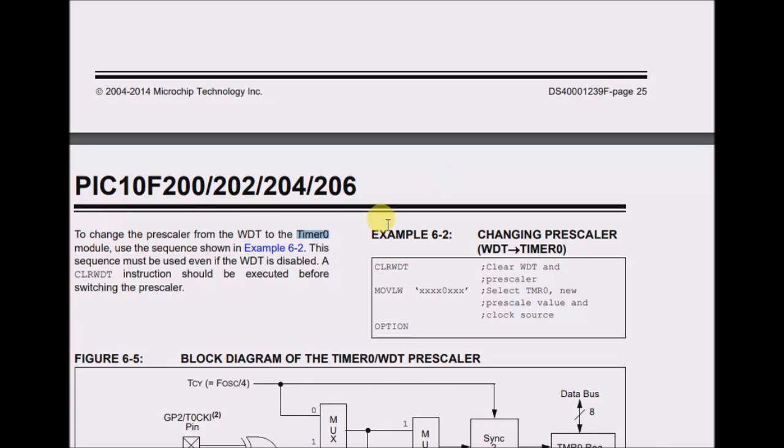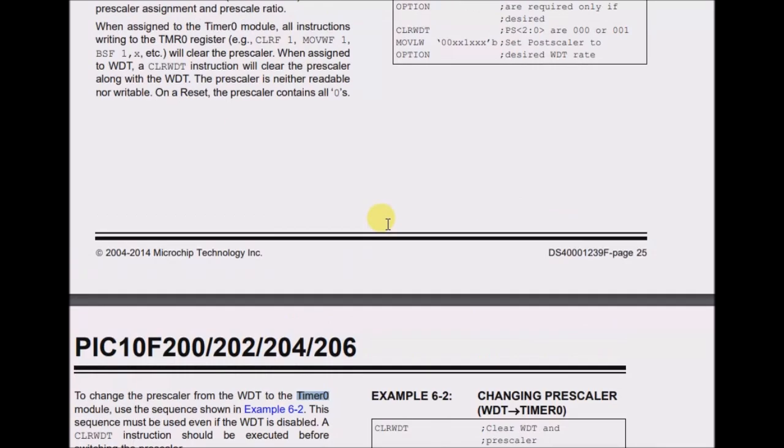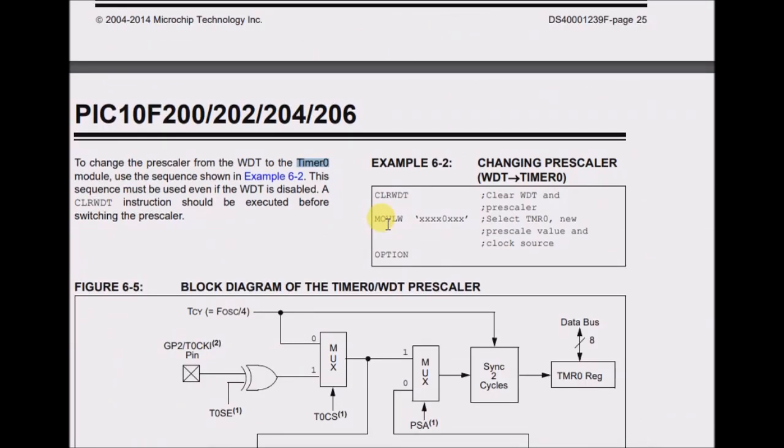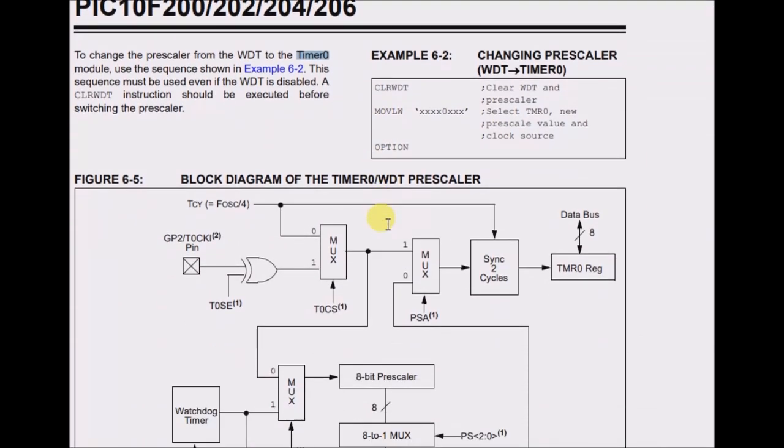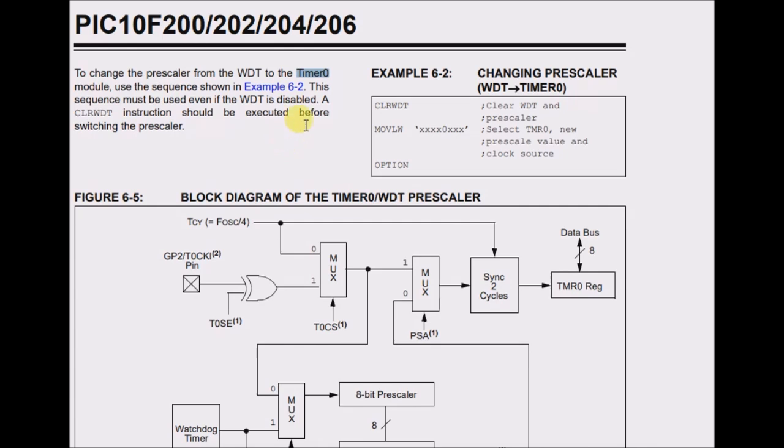Okay, moving on to this next page. To change the prescaler from the WDT to the timer module, use the sequence shown in example 6.2. This sequence must be used even if the WDT is disabled.